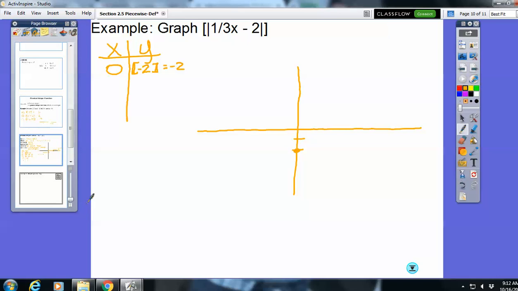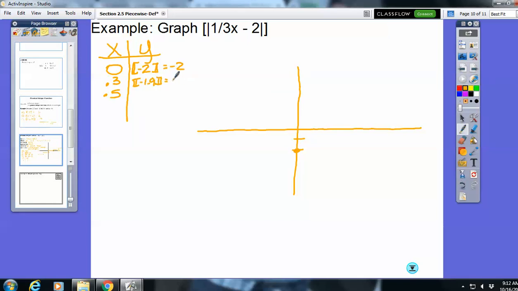What do you want to try plugging in next? 0.3 or 0.5, both good options. Alright, we plug in 0.3: 1/3 times 0.3 minus 2 gives you negative 1.9.